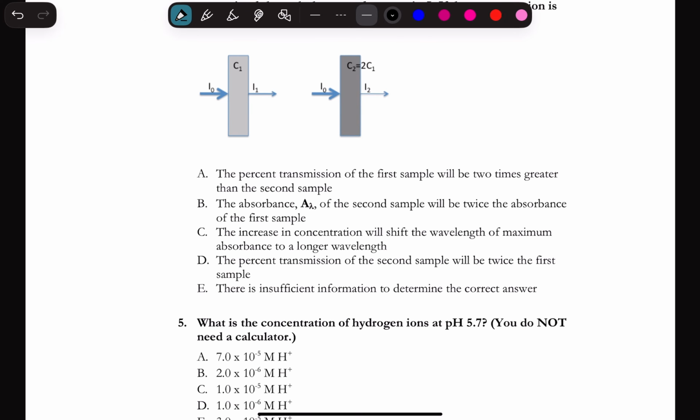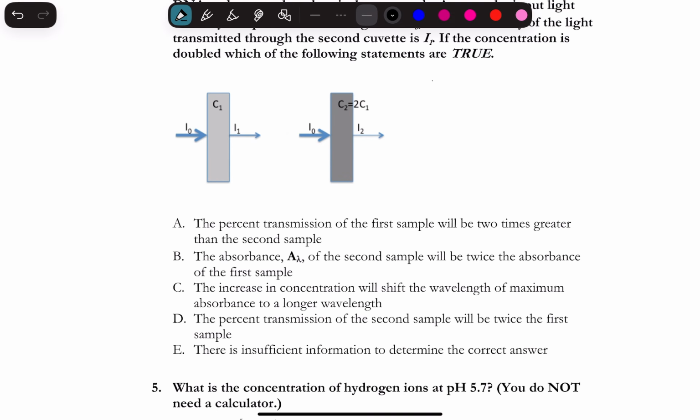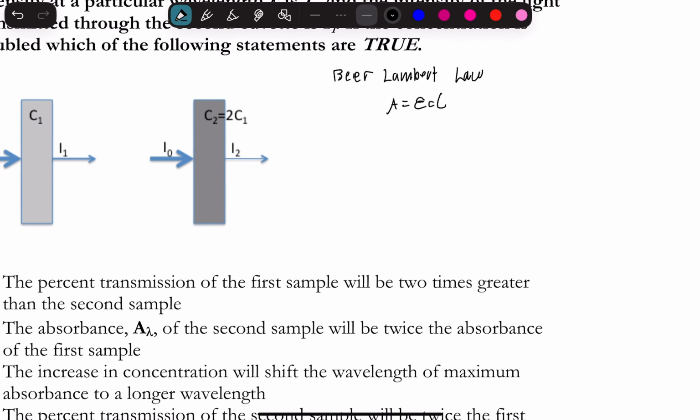Okay, let's see here. Well, we can use the Beer-Lambert law. That's A equal to epsilon c l. Absorbance is proportional to concentration.